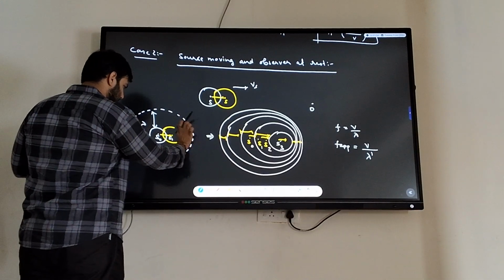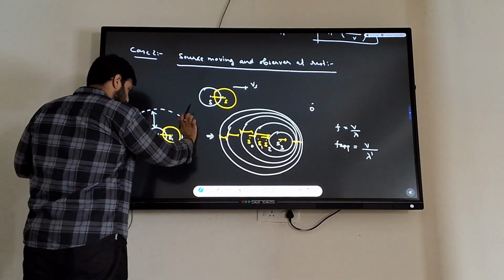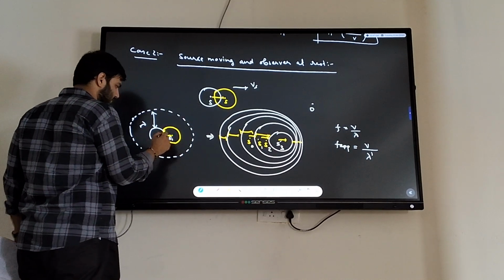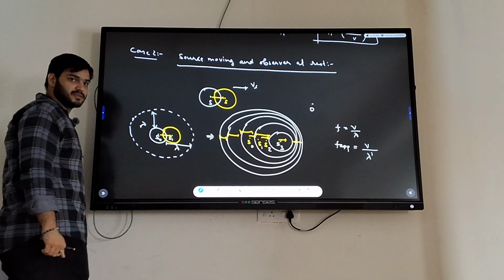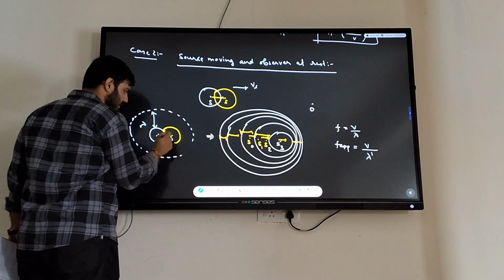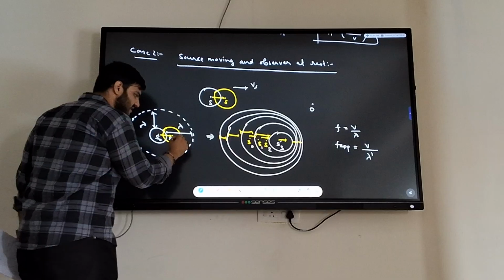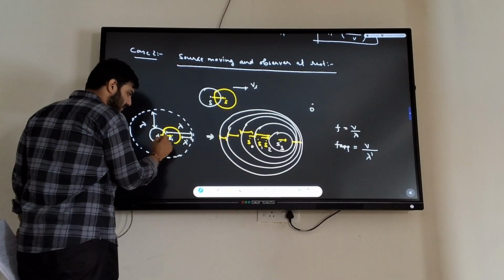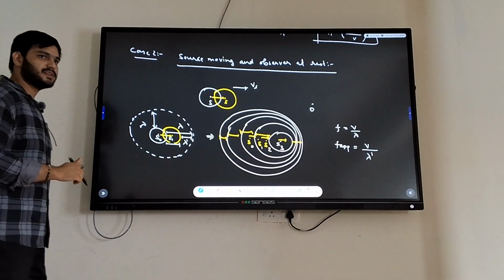ये मैं सर्कल हटा देता हूँ और ये सर्कल रखते हैं सिर्फ. Is it okay? This distance that we have, what should I write? This distance is lambda. This distance is lambda dash. How much distance did you cover from here to here? That's Vs into t.